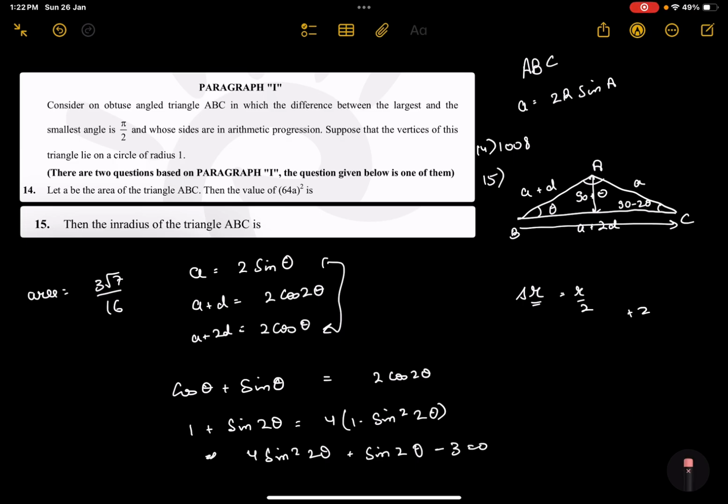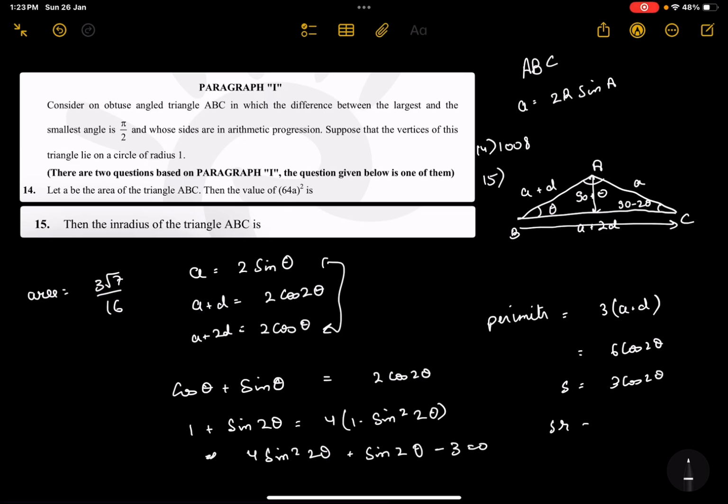What we'll do is, perimeter p is 3 times a plus d, which is 6 cos 2 theta, and thus s is 3 cos 2 theta.